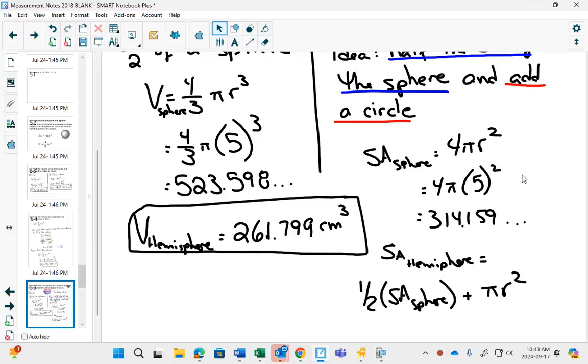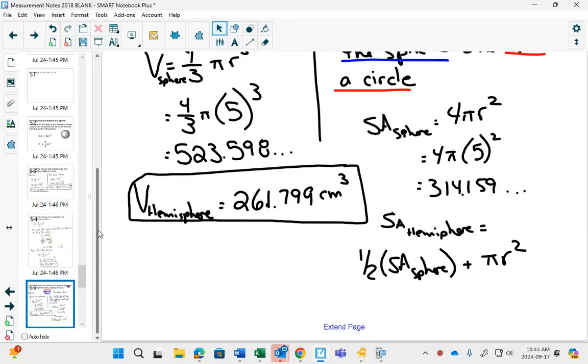We calculated the surface area of the sphere and got 314.159. And then we said the surface area of the hemisphere will be half of that plus a circle. So I'm going to type that in right away.